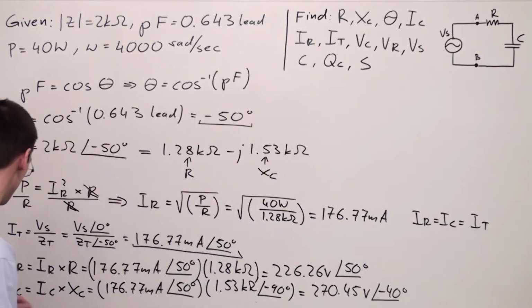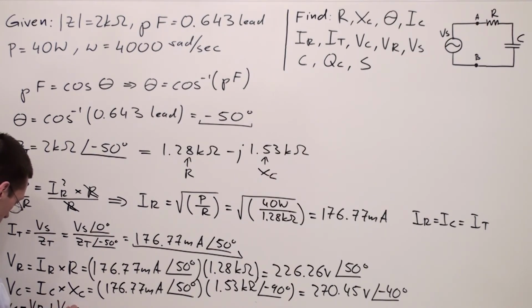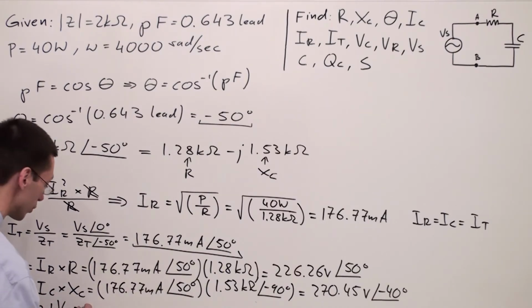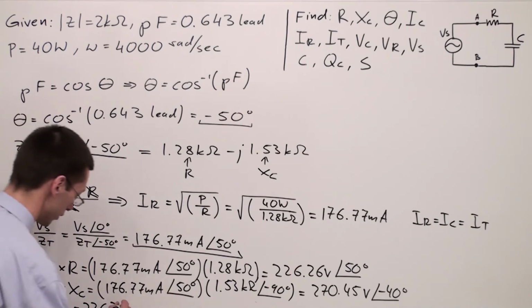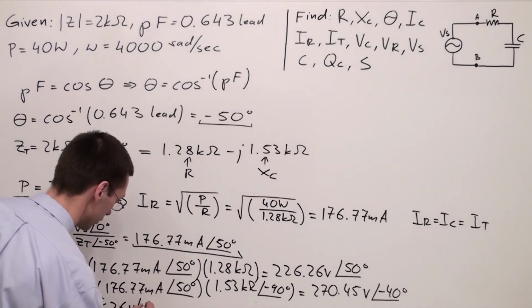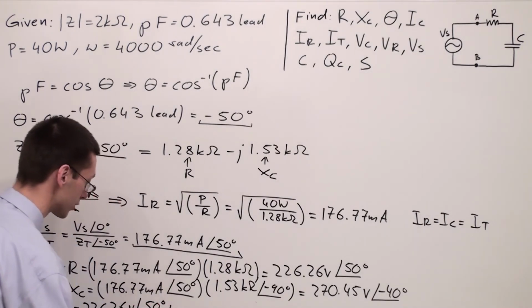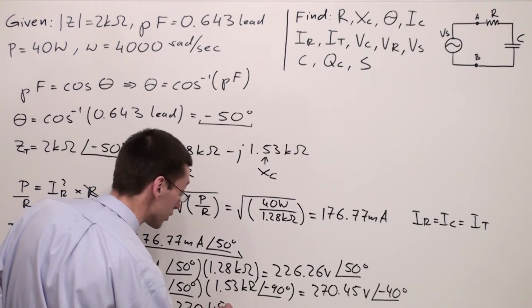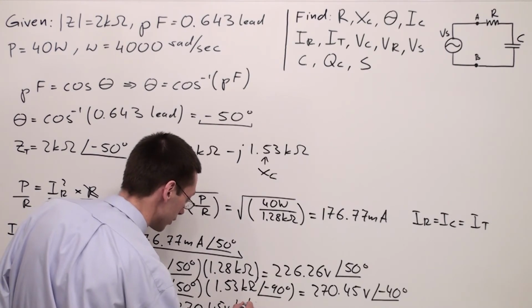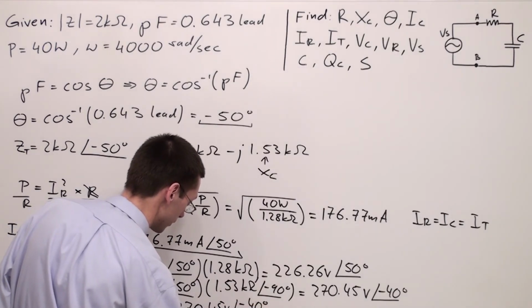So I have the voltage source is equal to the voltage across the resistor plus the voltage across the capacitor, where the voltage across the resistor is equal to 226.26 volts and angle of 50 degrees, plus 270.45 volts and an angle of negative 40 degrees.